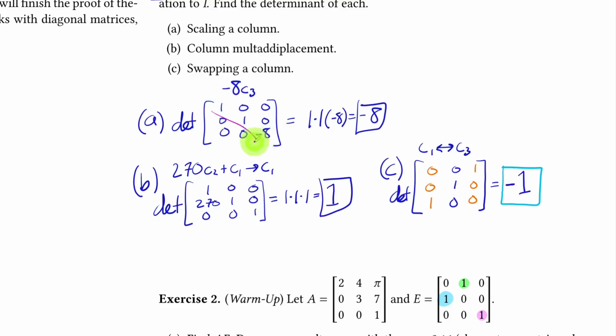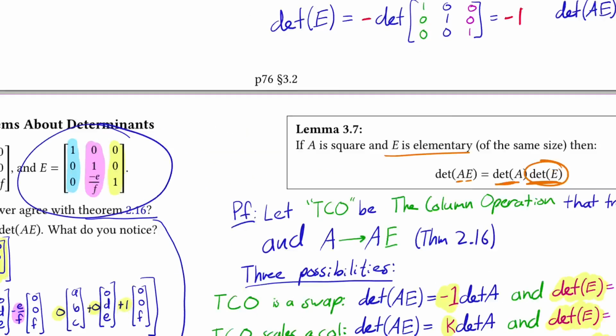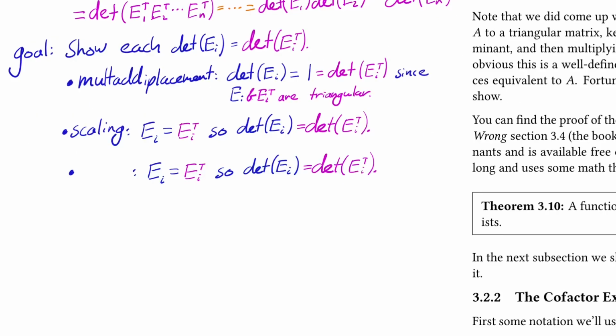Everything away from the main diagonal is still 0. So this is equal to its transpose. Like this row is still equal to this column. So of course, the determinant of E is going to be equal to the determinant of E transpose because they're the same matrix. Okay, now the same thing also works for swapping rows.